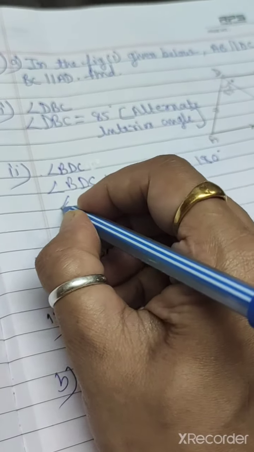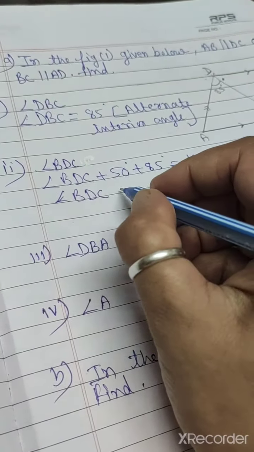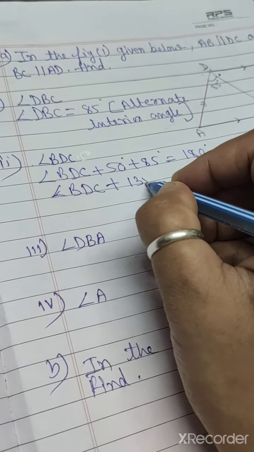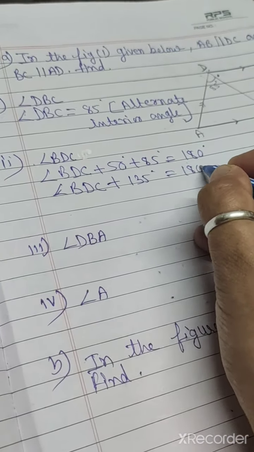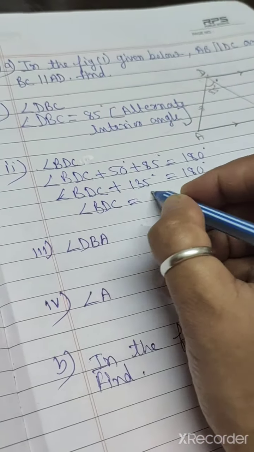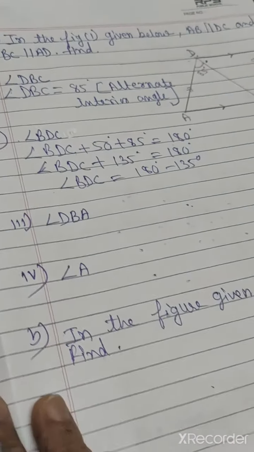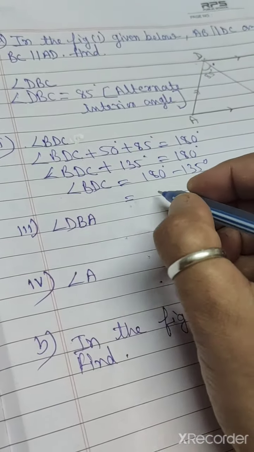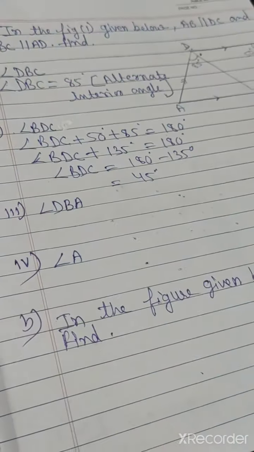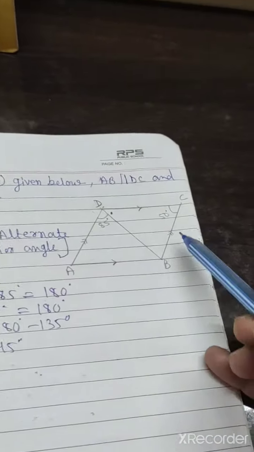So angle BDC, 85 plus 50, 135 degree, is equal to 180 degree, and angle BDC is equal to 180 minus 135 degree, 45 degree.